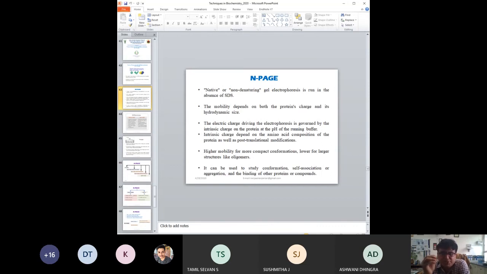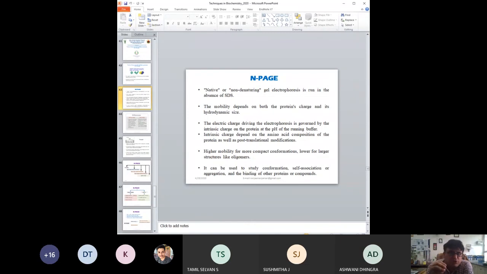Some of the important uses: one common use, which in our lab or maybe in most labs people are using, is for zymogram study or in-gel activity assay of different enzymes. Native phase is the preferred technique for in-gel activity assay of any enzyme or for the zymographic study of any enzyme.